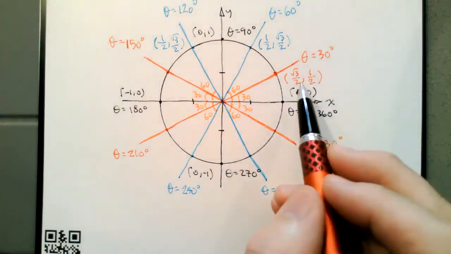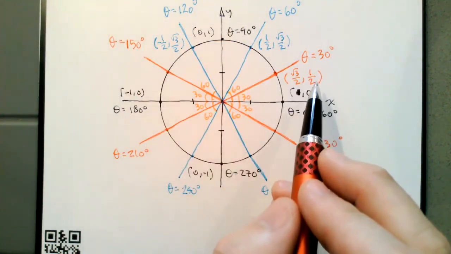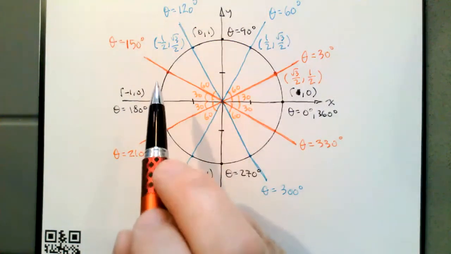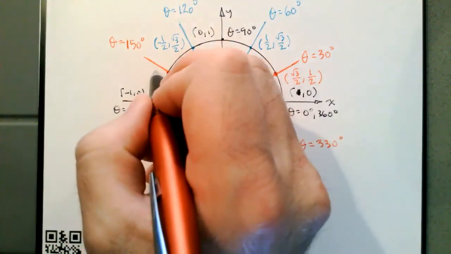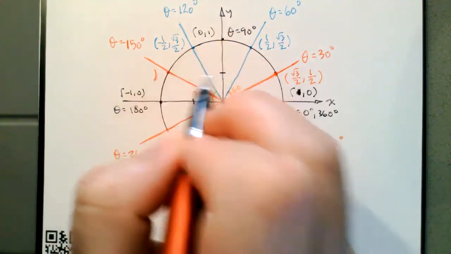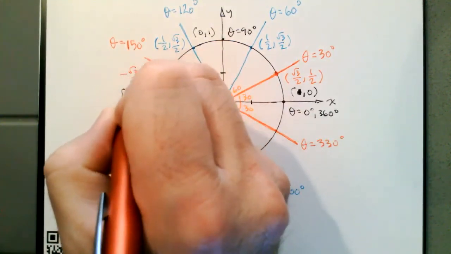We'll have the same values at 150 that we saw at 30 because we have the same reference angle. But in the second quadrant, cosine is negative and sine is positive. So the coordinates at 150 will be negative root 3 over 2 and a positive 1/2.